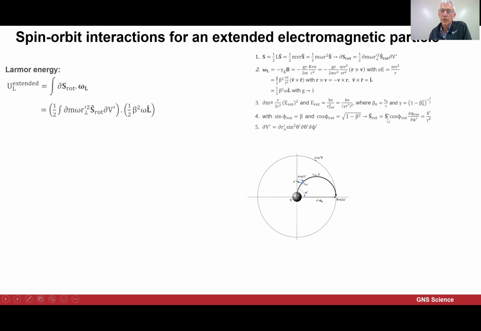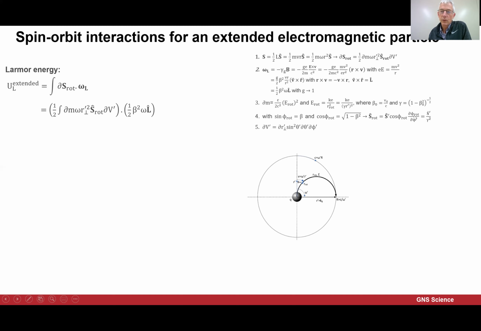To determine the spin direction element, we basically take the angle as seen in the rotating frame, and that angle is given by the tangential velocity divided by the speed of light. That gives us an expression for this angle, and when we take the cosine of that angle, we end up with the square root of 1 minus beta squared.